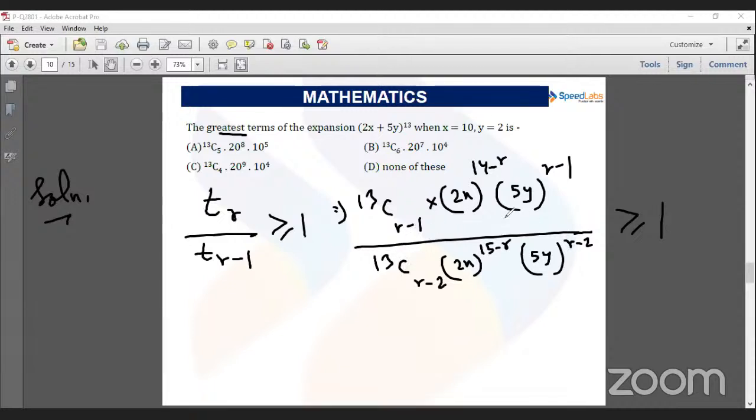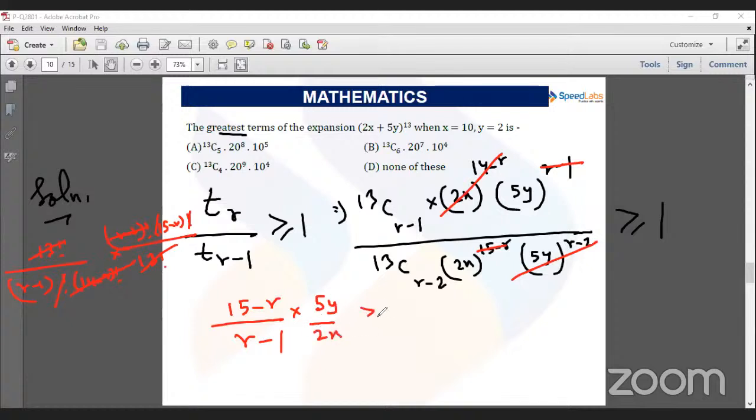So 2x will remain here and 5y will remain here, and this will reduce to 13 by r minus 1 into 14 minus r into r minus 2 into 15 minus r upon 30. So it will be r minus 1 here and 15 minus r here. So the ratio will be equal to 15 minus r by r minus 1 times 5y by 2x more than or equal to 1.